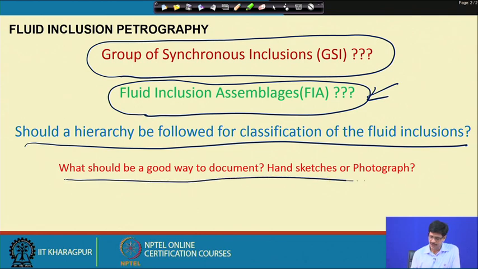Sometimes it was suggested to document the fluid inclusion petrography in well done hand sketches, showing the way the inclusions are occurring. But to my belief, at the present time, with very good quality high resolution cameras and image compilation and stitching software, it is easy to represent even a whole thin fluid inclusion section in terms of the occurrence of different inclusions in different parts of it, and have a full idea.